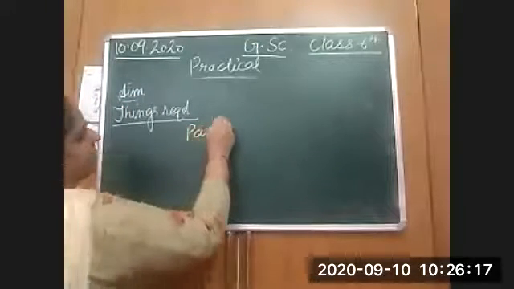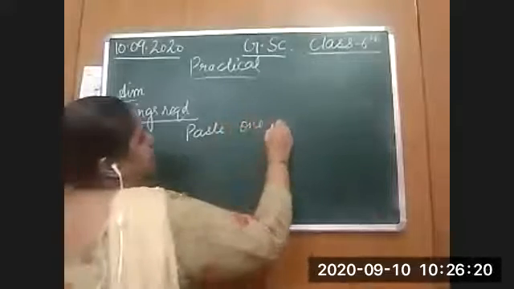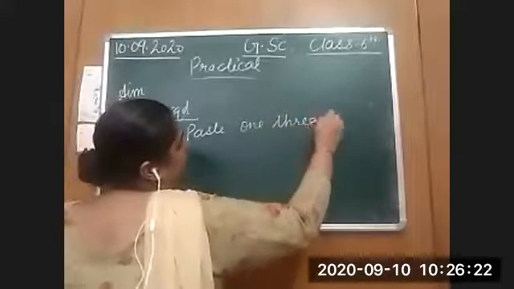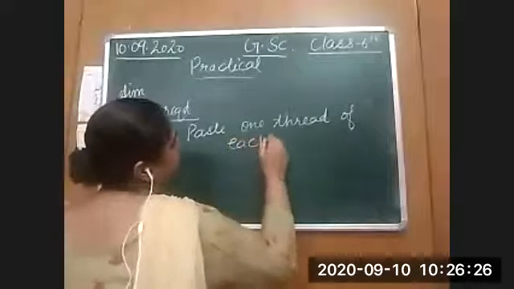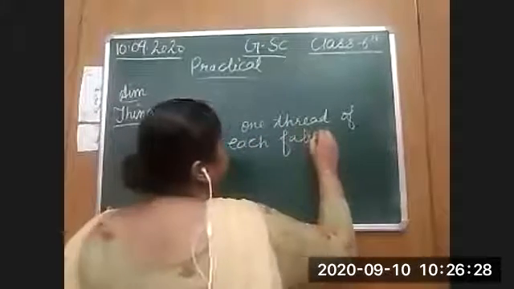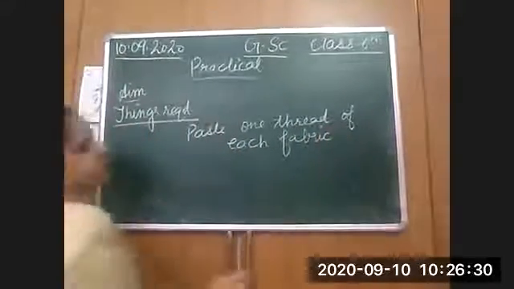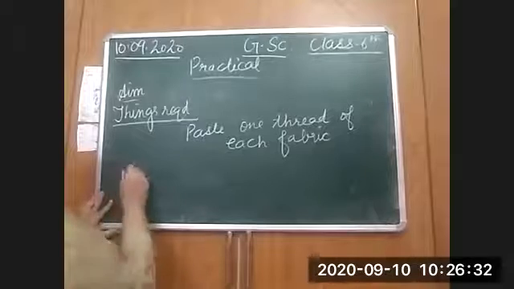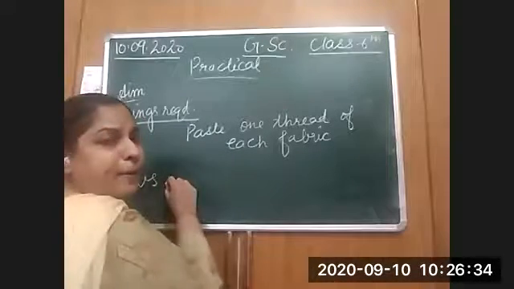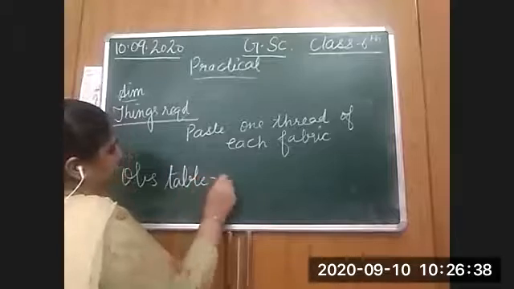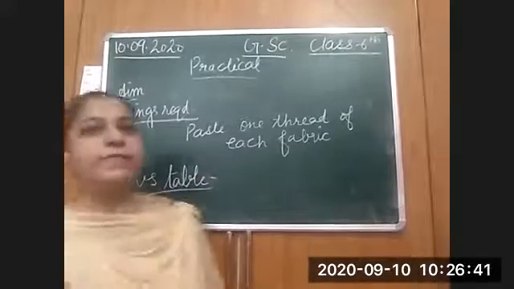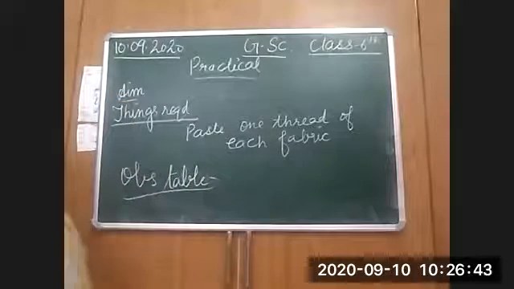Take thread of each fabric. Right? Each fabric. हर एक का एक एक धागा निकाल लेना. Then in the end, observation table. In the end, you have to draw the observation table. Right?